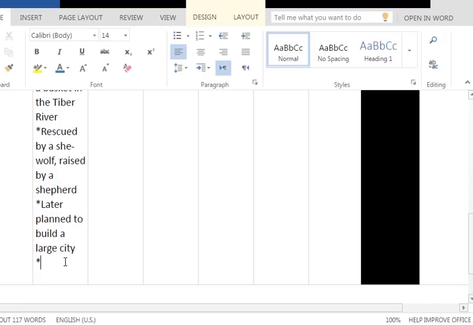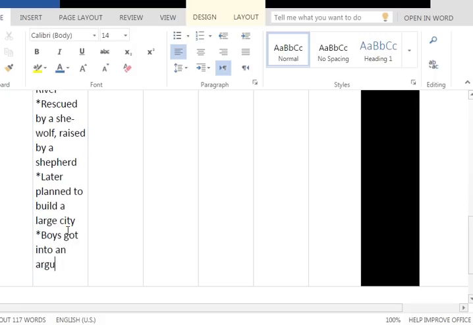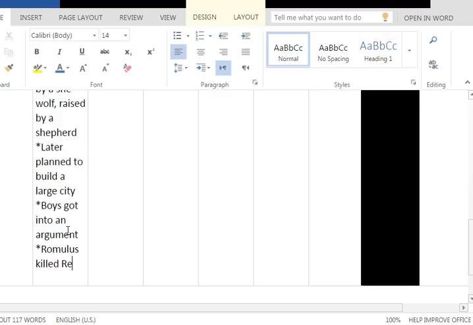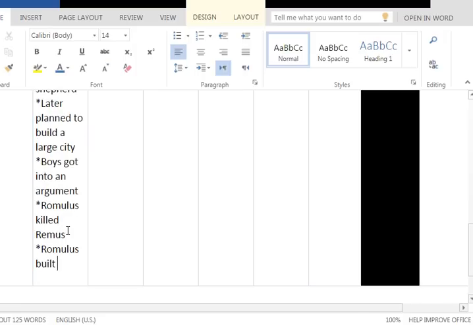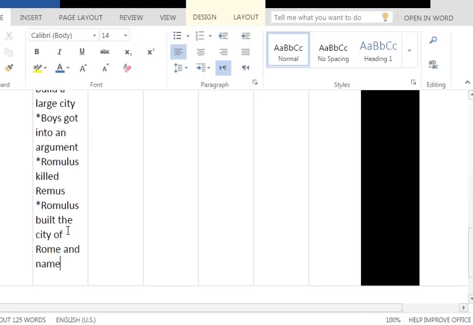Basically, the boys got into an argument or a fight. Romulus killed Remus. Romulus built the city of Rome and named it after himself.